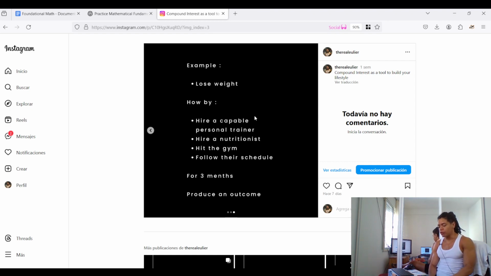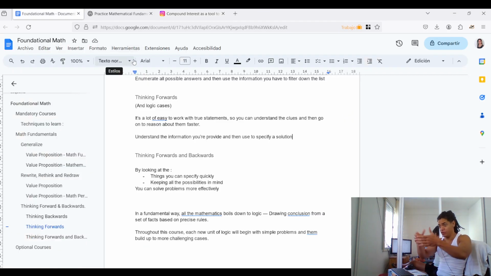This is the reason why I'm applying this kind of concept. When you look at the mathematical logic, which is another word for analyzing, it means seeing the relationship between statements and drawing conclusions.